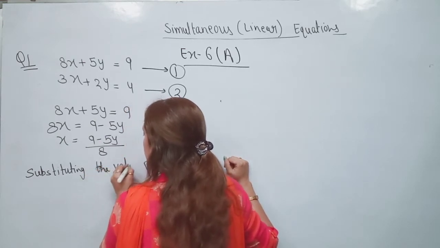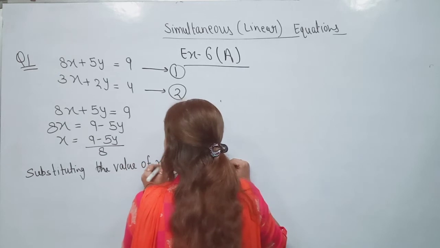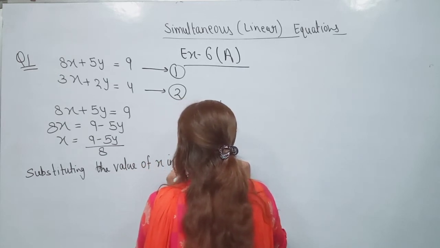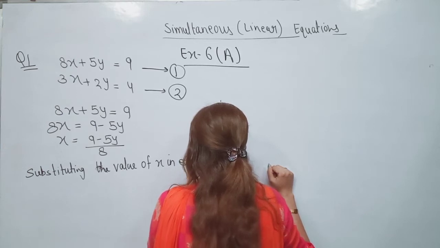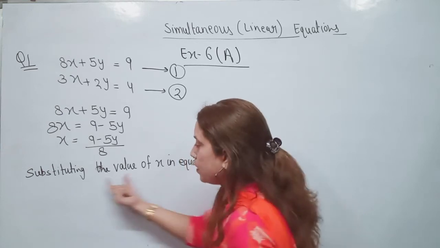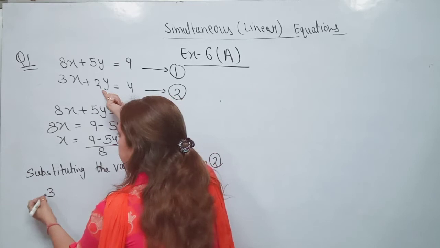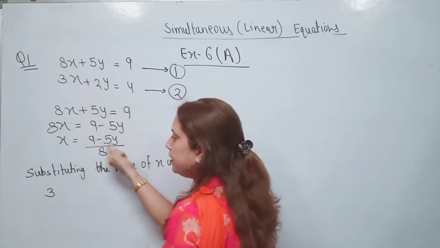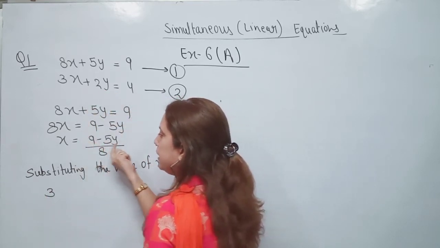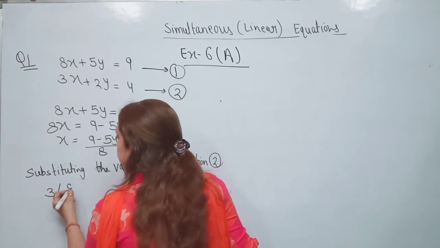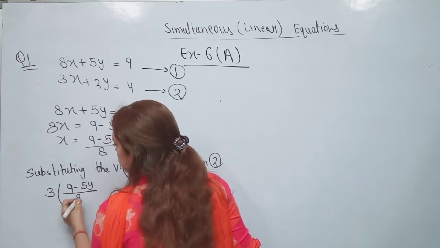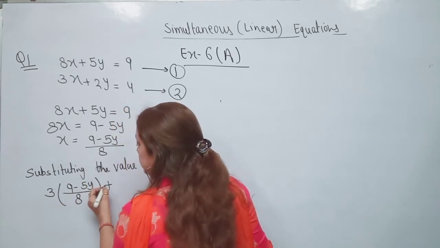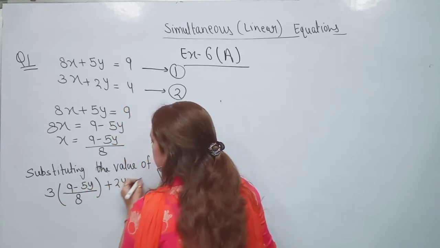So 3x, in place of x we can write 9 minus 5y upon 8, plus 2y is equal to 4.